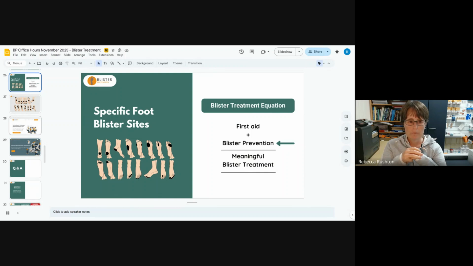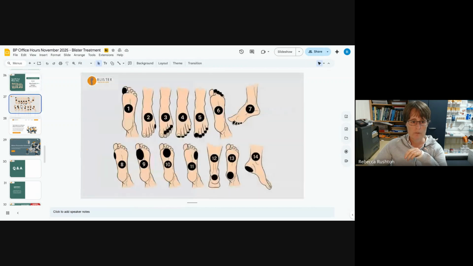Or what's the best prevention in hot climates, in cold climates, in wet climates, humid, all the rest of it. They're how you nuance your final decision of blister treatment or the prevention component. The most important thing to think about and where to start is the blister location. So what's the best blister prevention for all of these locations? I couldn't possibly tell you. It's different for all of them.